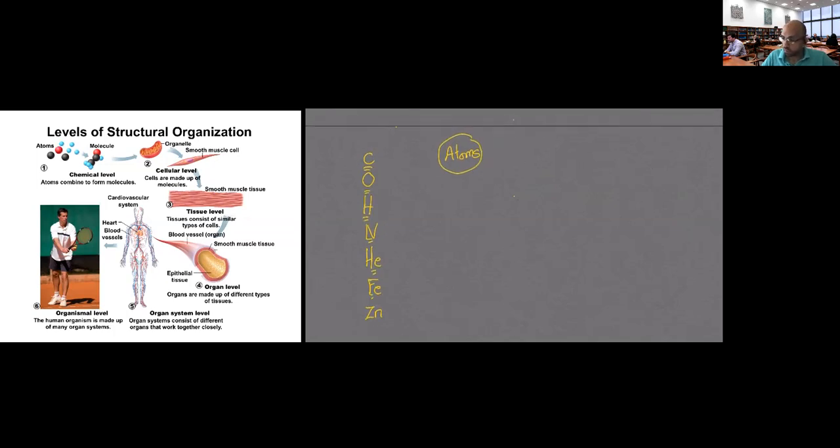Atoms are going to be forming together more complex chemical structures that we call the molecules. Like what molecule? Like O2, for example. Like glucose, which is formed of 6 carbons, 12 hydrogens, and 6 oxygens.